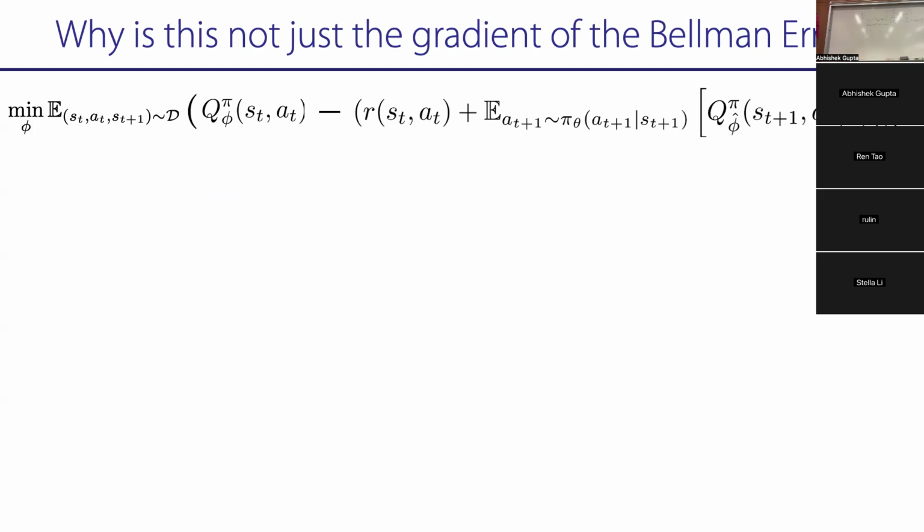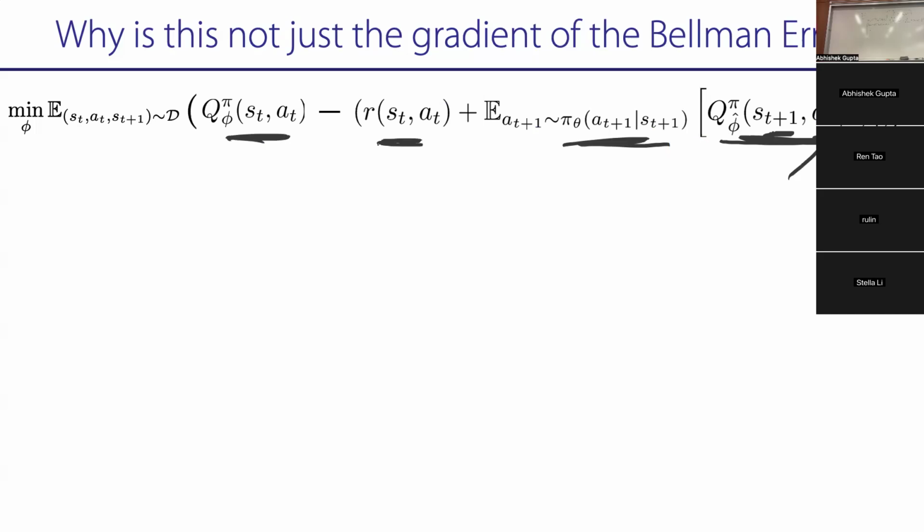Your data set does not have to be pi. Then what you're going to do is try and make Q pi of ST, AT as close as possible to R of ST, AT plus the average Q of ST plus 1 evaluated at AT plus 1 sampled from your policy.